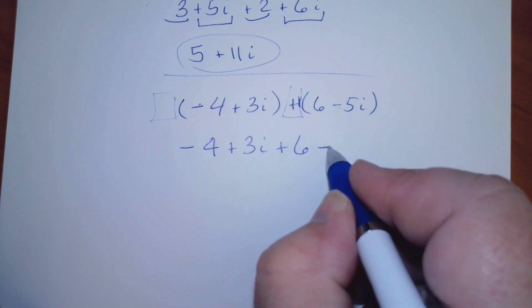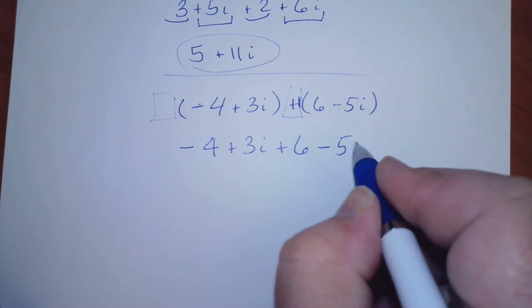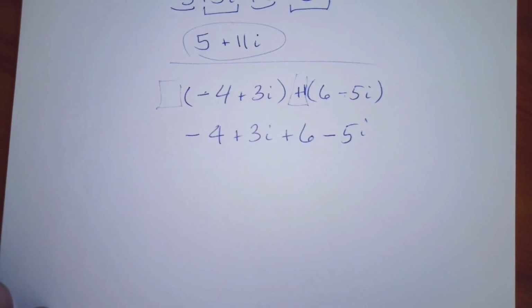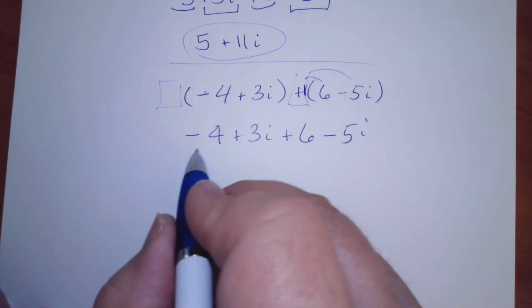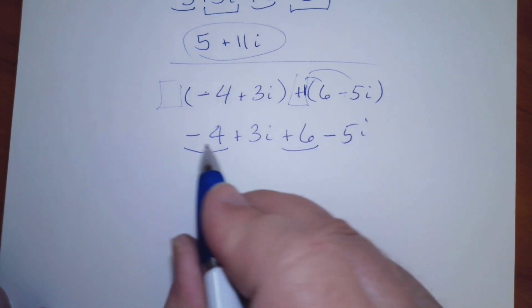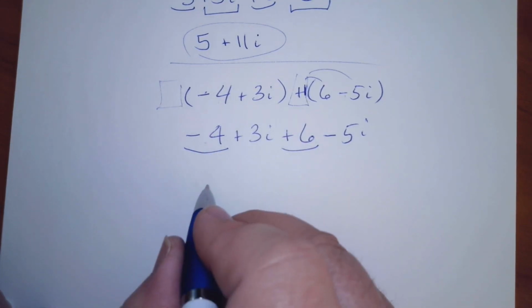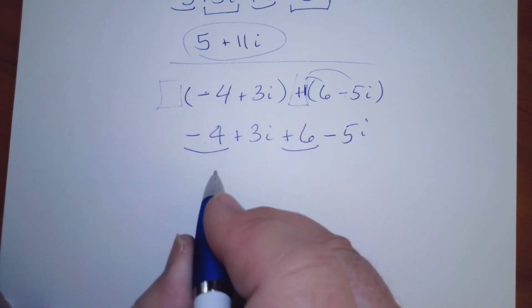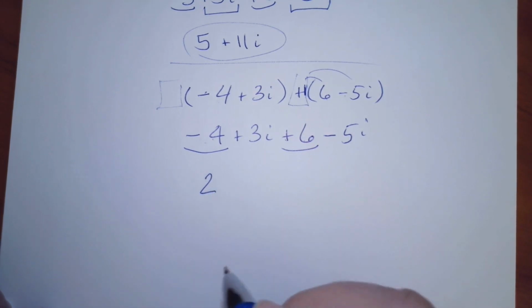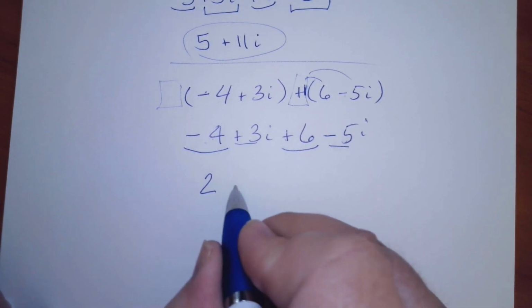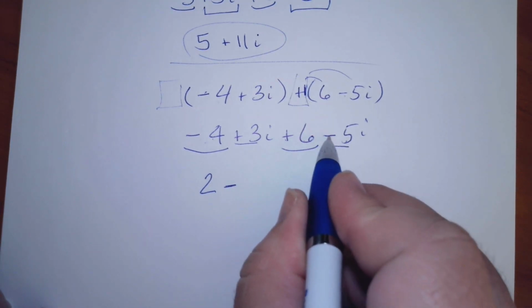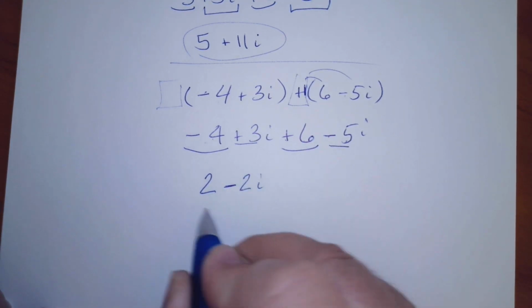Positive times negative is negative, 1 times 5 is 5i. Combine like terms. Negative 4 plus 6: since 6 is bigger, the answer is positive. 6 minus 4 is 2. Positive 3i, negative 5i: 5 is bigger, so the answer is negative. 5 minus 3 is 2i.